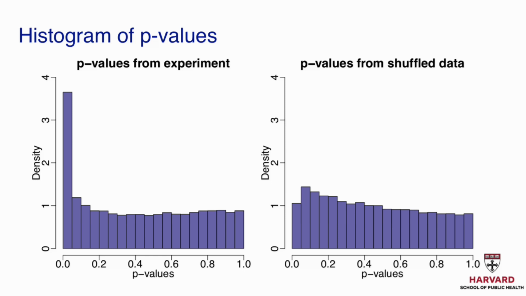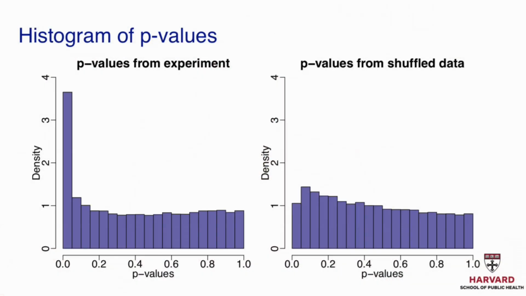Any two intervals of the same size have the same probability of appearing. So what that tells us is that there are going to be some genes that have p-values less than 0.05. There's going to be some genes that have p-values less than 0.01. If you're testing enough genes, you're going to have a few genes that have p-values less than 0.001, etc. They're spread all throughout the range from 0 to 1.